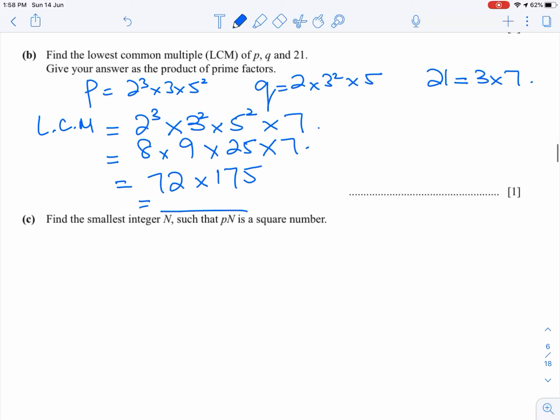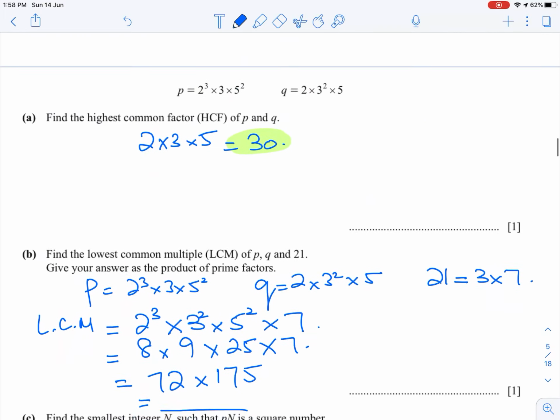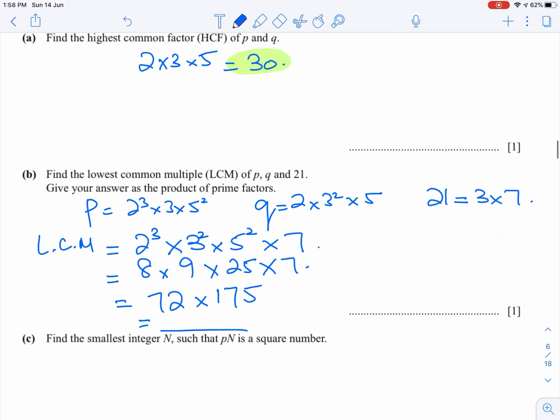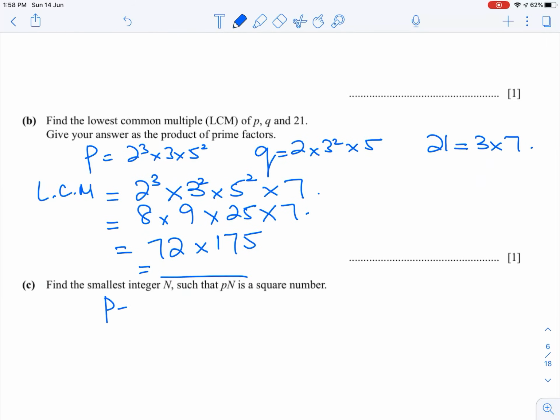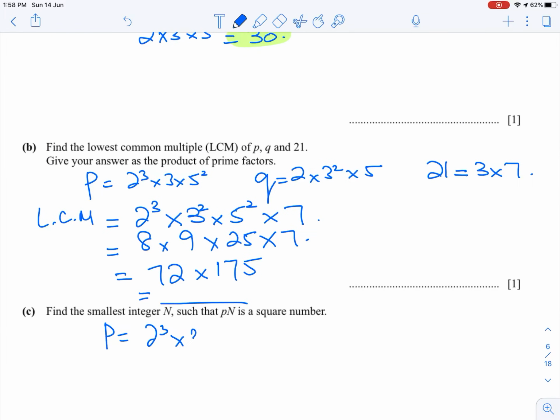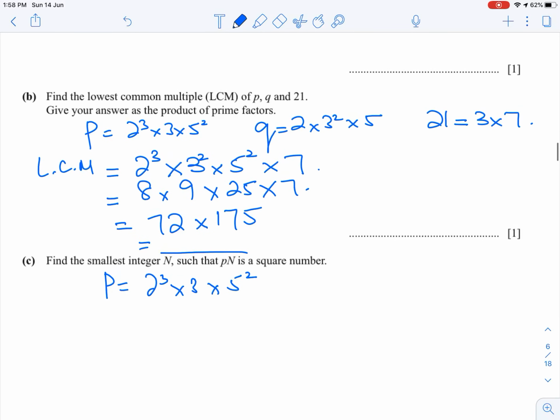Next part, find the smallest integer n such that Pn is a square number. They're talking about P multiplied by n. P is given to us. Let's copy P. P is 2 to the power cube into 3 into 5 square. In order to make this number a perfect square, if you look at the prime factorization, you've got 3 2's. So you need one more 2 so that there will be 2 pairs of 2's.